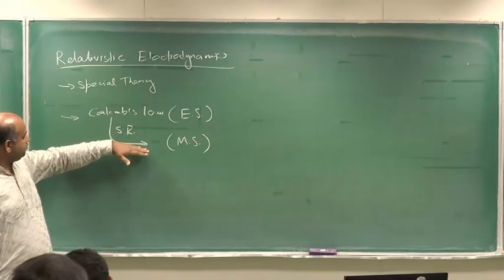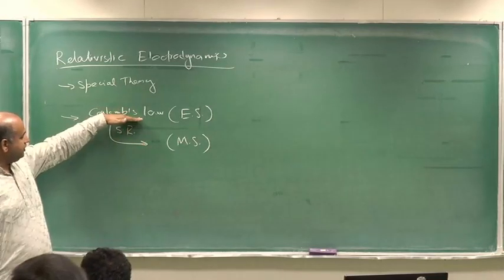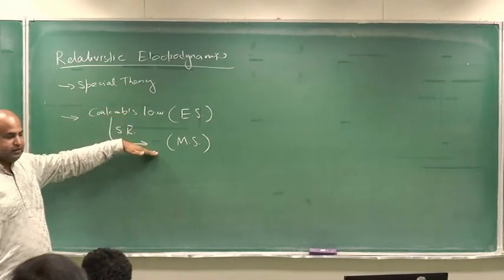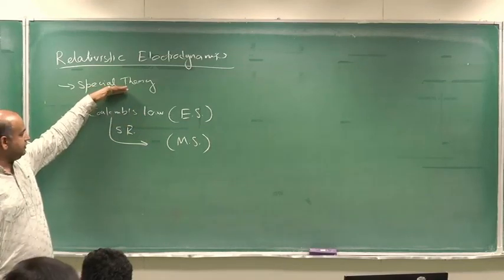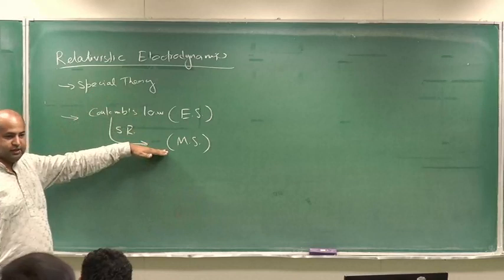But in this course, we will have only one experimental law, that's Coulomb law, and then we will derive this thing using special theory of relativity. So it means if you have special theory and Coulomb law, magnetostatics follow from it.